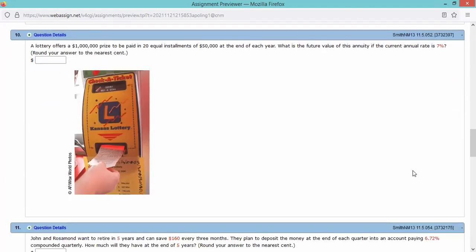Okay, so for number 10, a lottery offers a $1 million prize to be paid in 20 equal installments of 50,000 at the end of each year. What is the future value of this annuity if the current rate is 7%? Okay, so we have regular payments of 50,000.